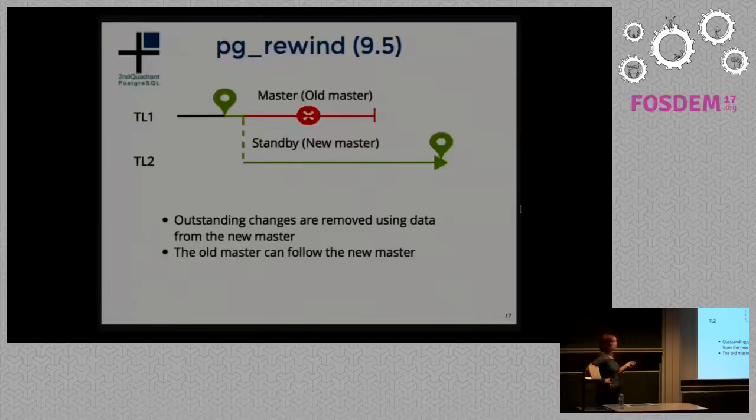It is checking to go back to a checkpoint, and I want to remind you that a checkpoint is a safe point. Let's say there is a problem that happened here, but you have a checkpoint. You come back to this checkpoint by looking at the new master, which was the standby, find this point, and copy all the files from this one to this one, so that you kind of rewind things. It copies the CLog files and configuration files, but not relation files.